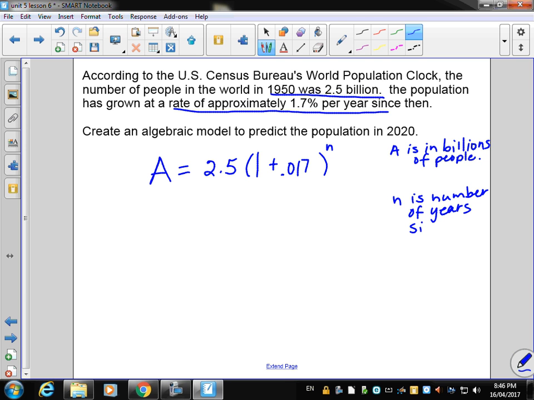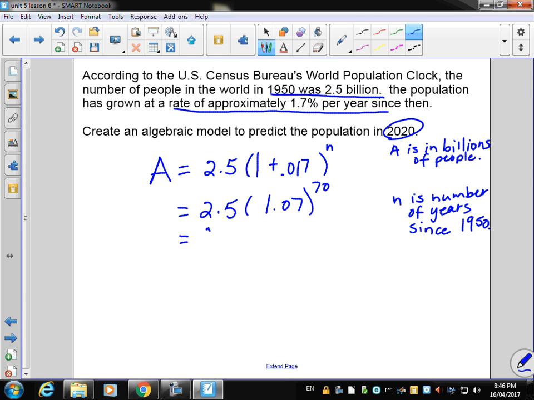Since, just check that, 1950. Okay, so if I want to know how many people since 1950, and I'm looking at 2020, 1.017 to the 70 years. 2.5.